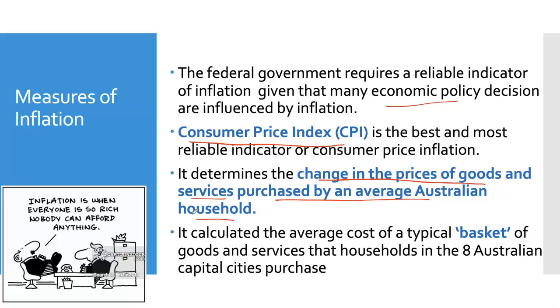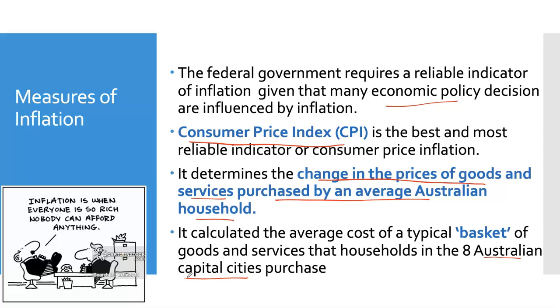What they are doing is thinking about households in Australia, and working out what would be a typical basket or typical amount of goods or services that would be purchased by them, within 8 capital cities. So we're thinking about what the things are that a typical household is going to be purchasing.